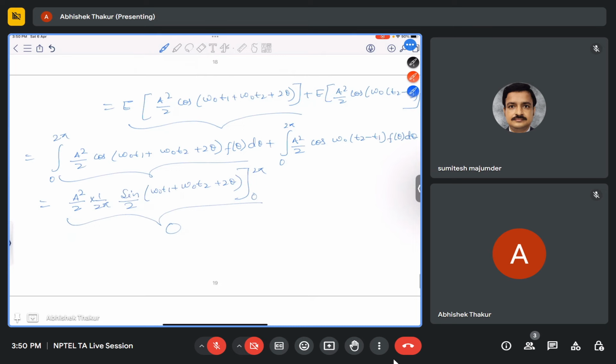Plus a square by 2 cos(omega naught (t2 minus t1)). This term is independent of theta, so it will come out, and f theta is 1 by 2 pi.